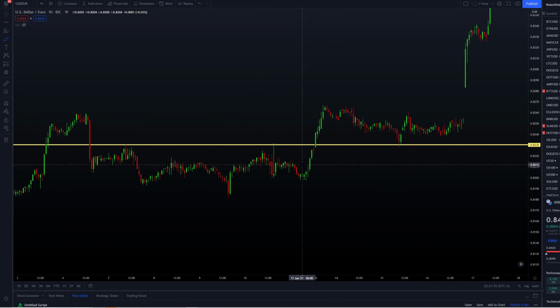Then right here, we broke this one to the upside, and saw a nice continuation after we broke that one. And then we went down and retested previous resistance as support. This is a very common principle in trading: when we break resistance, it commonly flips and becomes support.